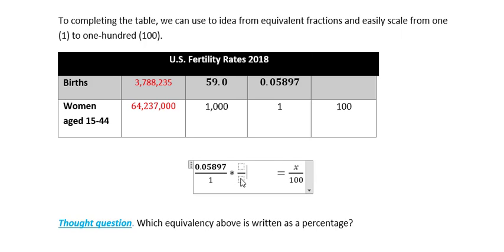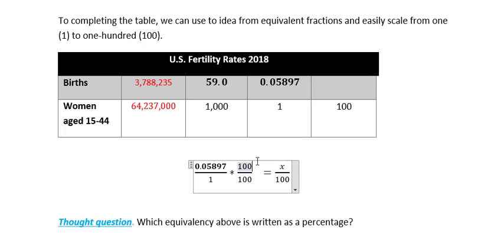Put that in there. And if I multiply the denominator by 100, what am I going to multiply the numerator by? Hopefully you know that's 100 also. And if you recall from the last chapter, if you multiply a number by 100, it shifts two decimals, so I get 5.897 over 100.